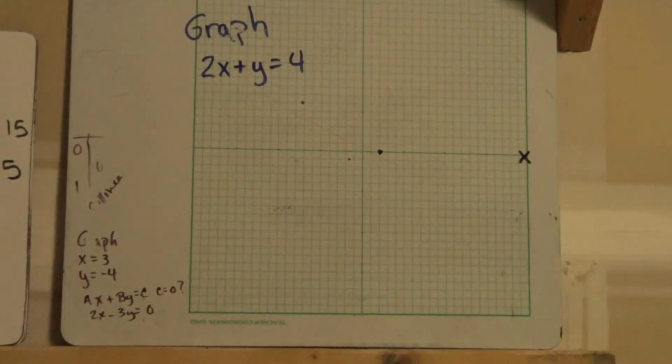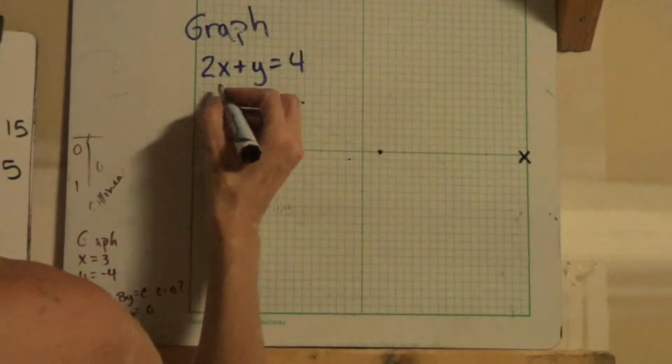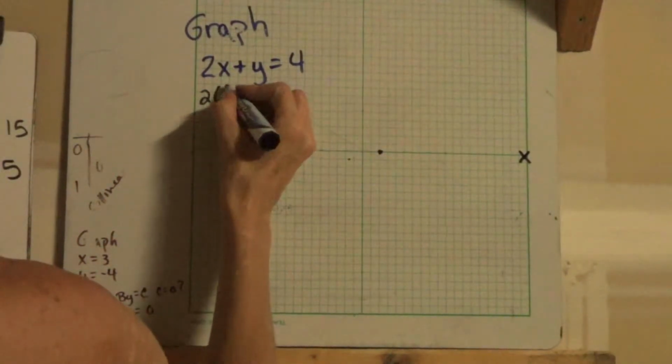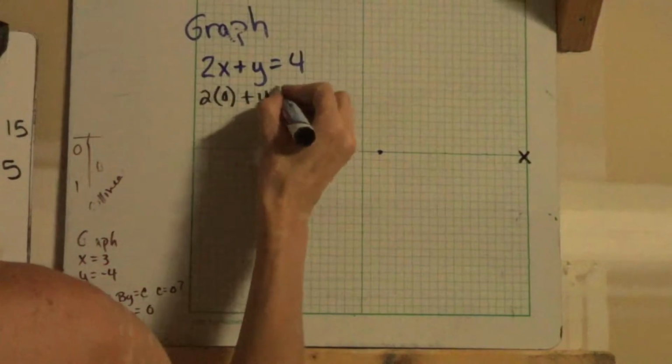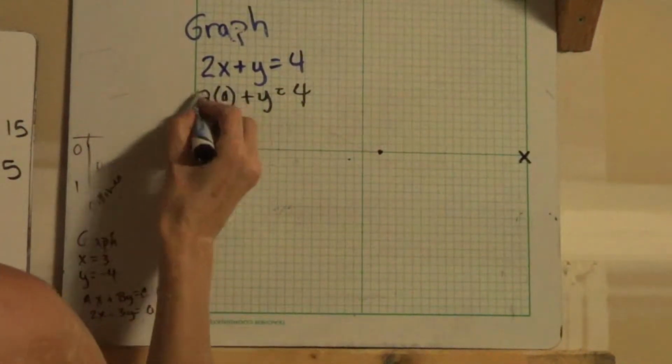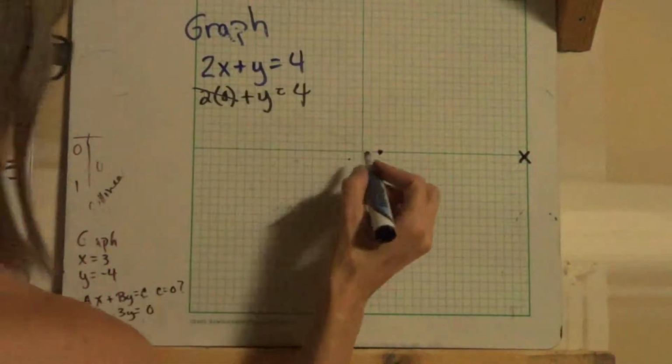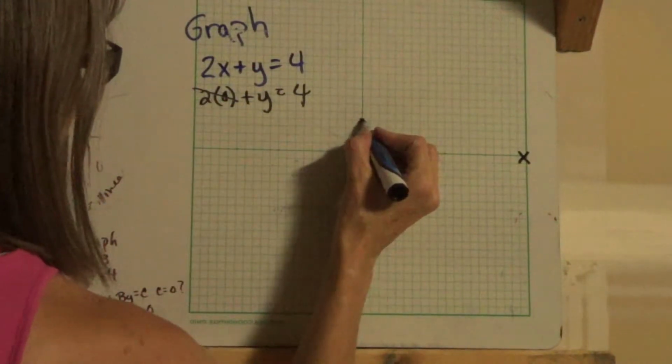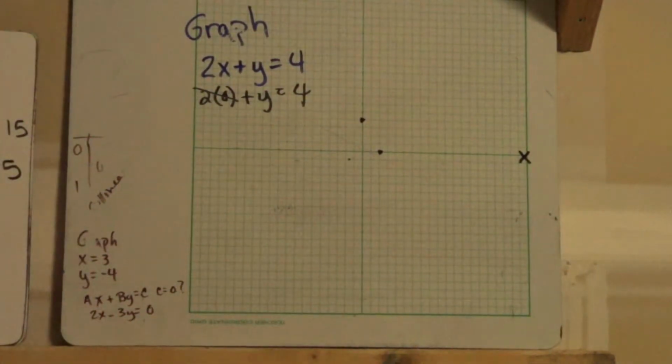So, the x value on the y-axis is 0, so 2 times 0 plus y equals 4. Well, 2 times 0 wipes out, y equals 4, so we go up to the point of 4.